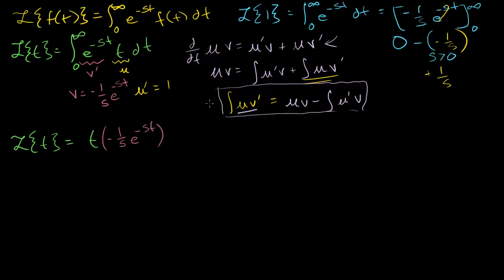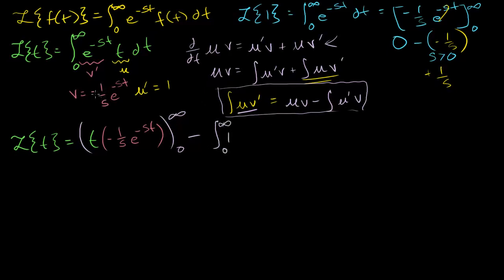And this is a definite integral, right? So we're going to evaluate this term right here from 0 to infinity. And then it's minus the integral from 0 to infinity of u prime, which is just 1, times v.